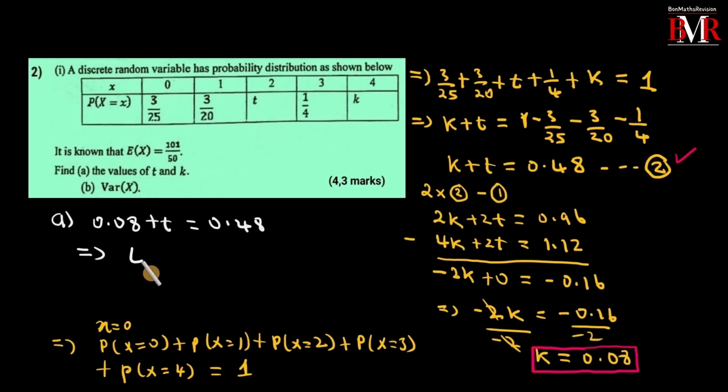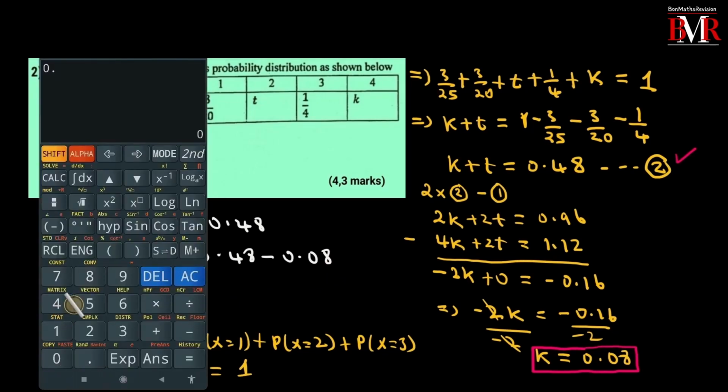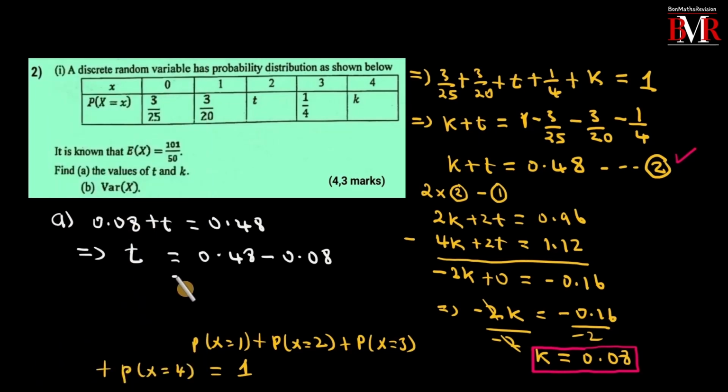That means t will be equal to 0.48 minus 0.08, which is 0.4. So the value of t is 0.4 and the value of k is 0.08.